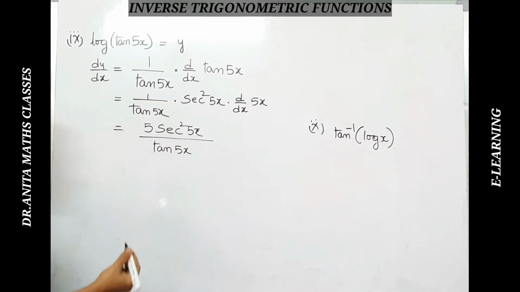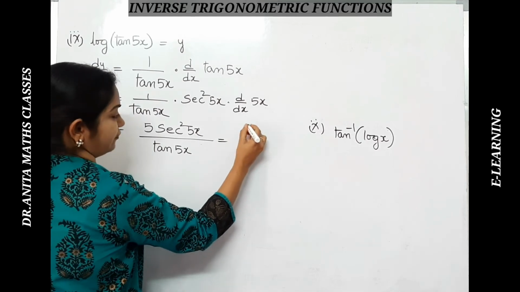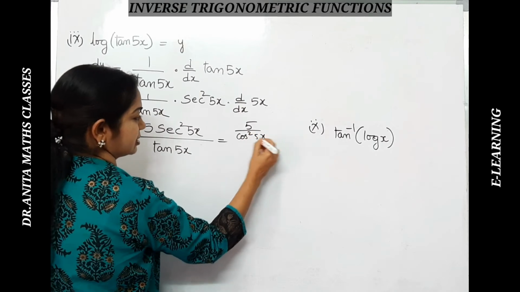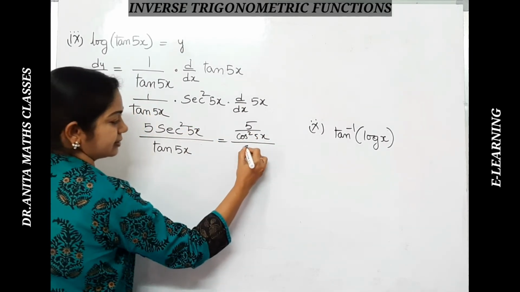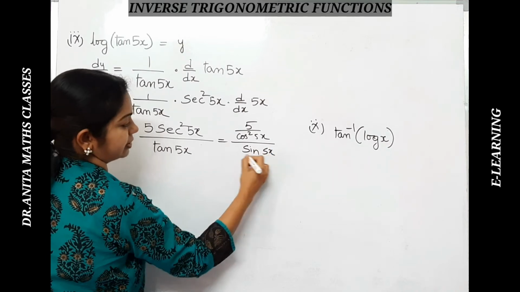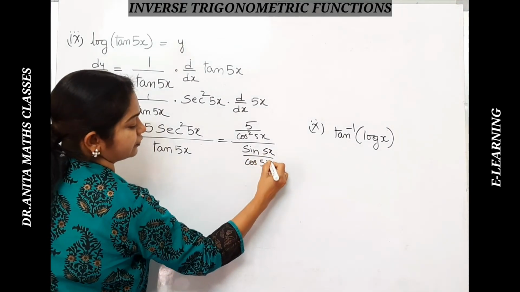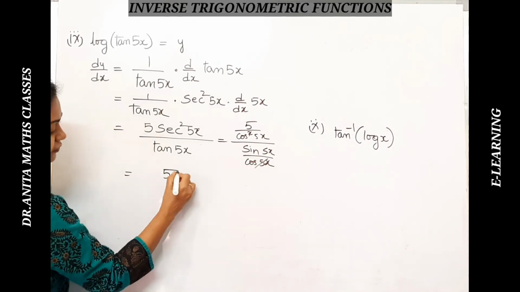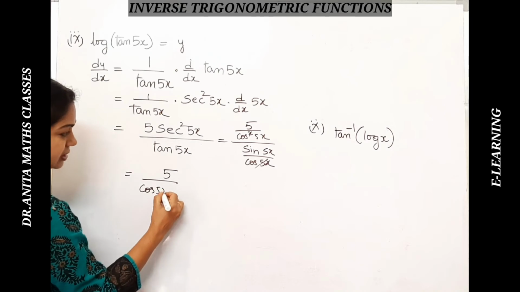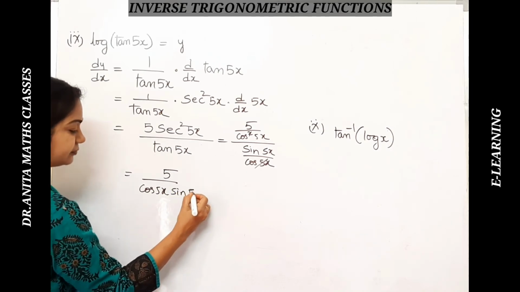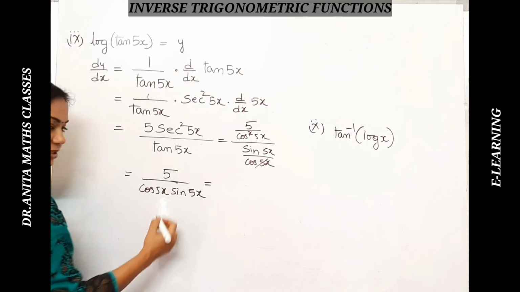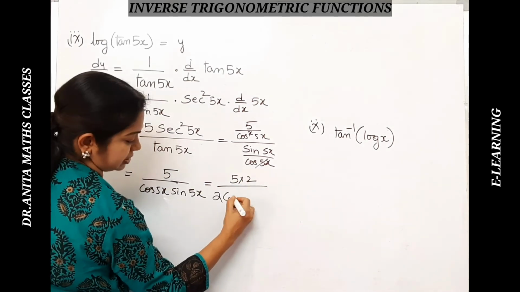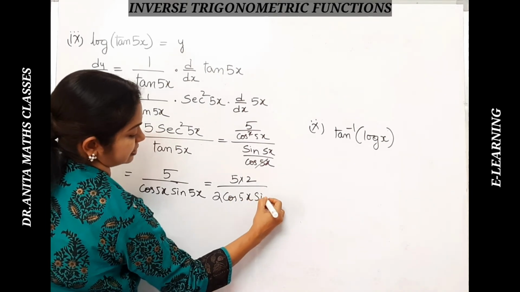We can keep it as it is, and further we can also simplify it as 5 upon, changing into cos square 5x, so the reciprocal here, and this into sin 5x divided by cos 5x. So cancelling one cos here, you get 5 divided by cos 5x and sin 5x. To further simplify, we can multiply and divide by 2, so 2 cos 5x sin 5x.